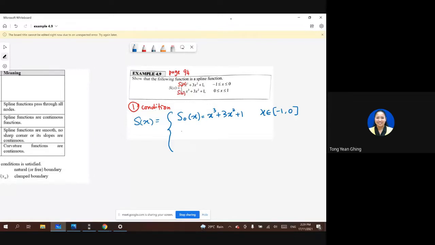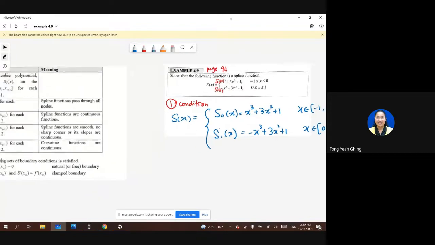And then we have the second one, S1(x) equal to minus x cubed plus 3x squared plus 1, for x from 0 until 1.